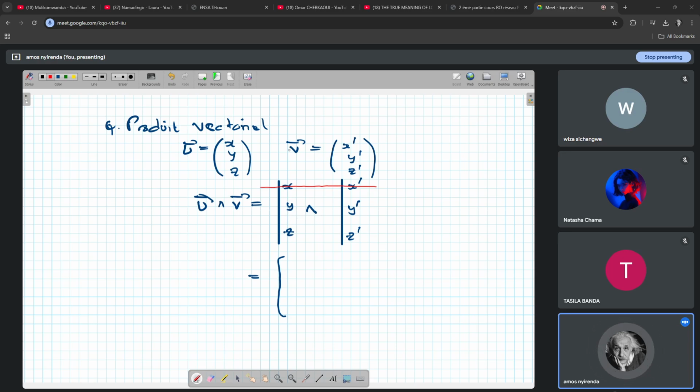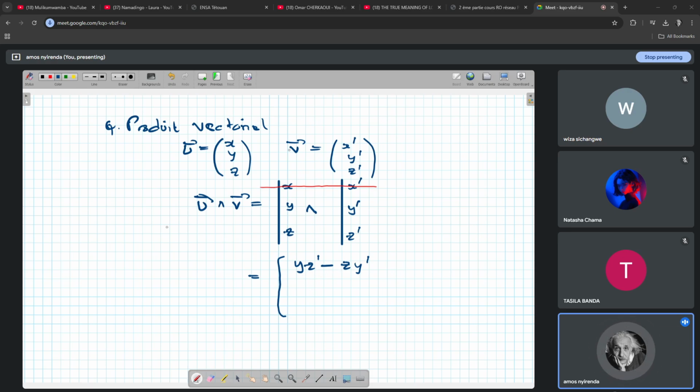I'm going to say Y multiplied by Z prime minus Z multiplied by Y prime. So this is the X component.